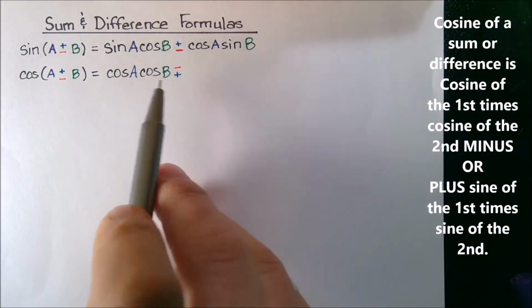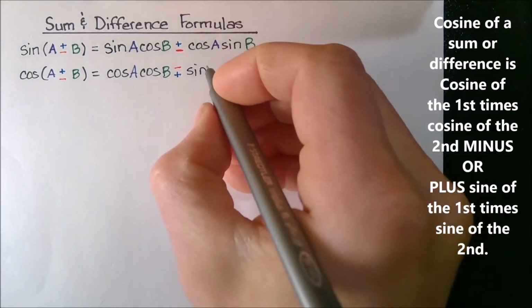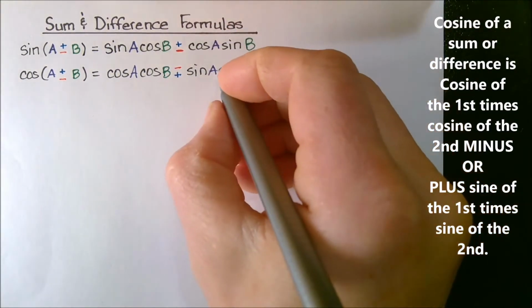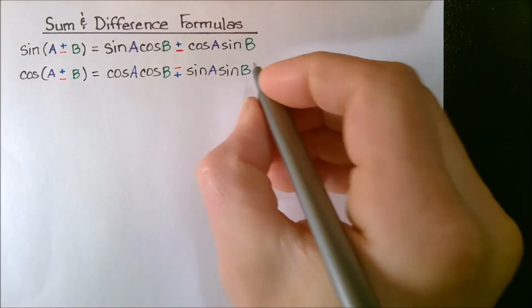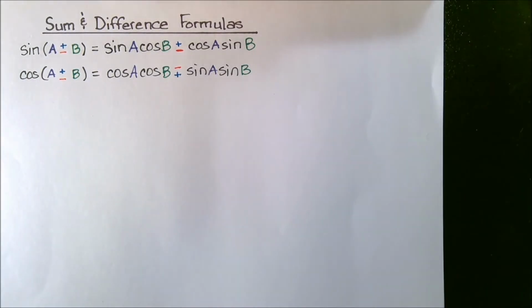And if it's cosine, cosine, now it's sine of the first, sine of the second. So these are two different formulas, sine of a sum or difference, cosine of a sum or difference. But we're looking at the patterns here. Again, these are not proofs. I'm just giving you the identities or the formulas, and then I'll show you how to use each of those.